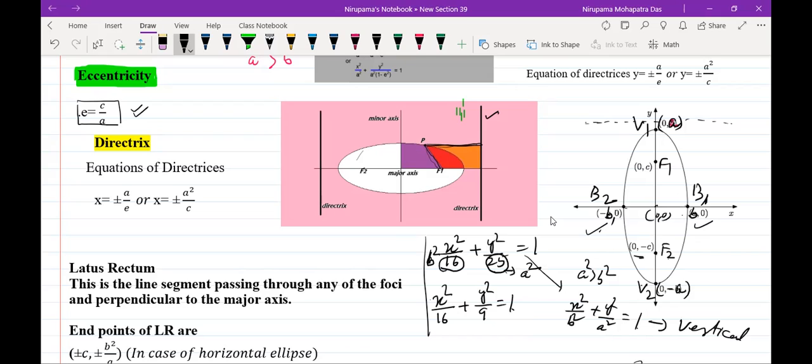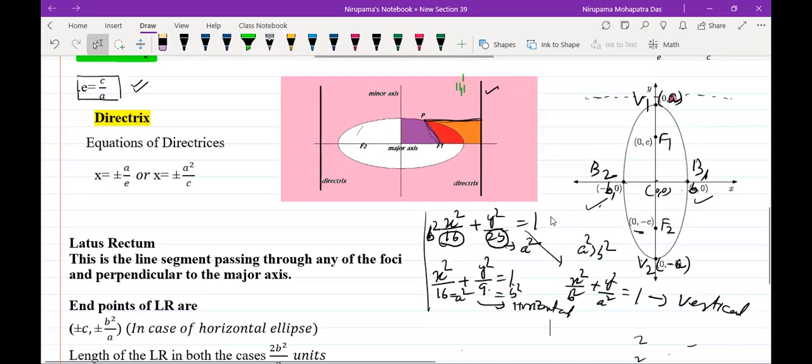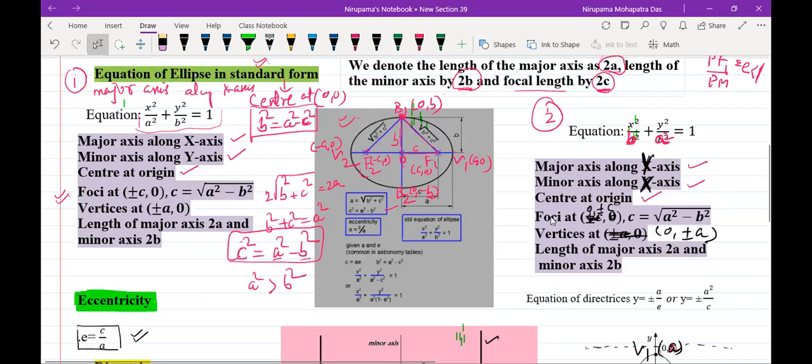On the other hand, in the second case this is greater than this. So this is a square, this is b square. It means it is of the first type, so it is a horizontal ellipse. So your equation for the vertical one is x square by b square plus y square by a square equal to 1.